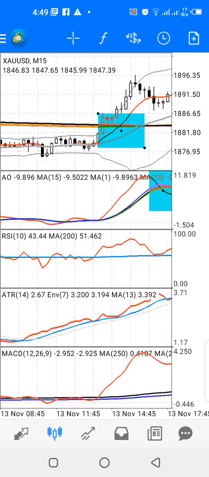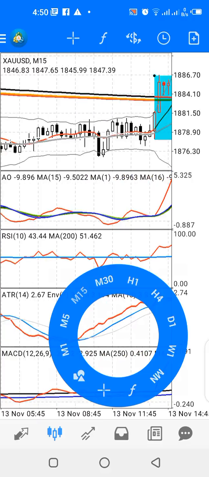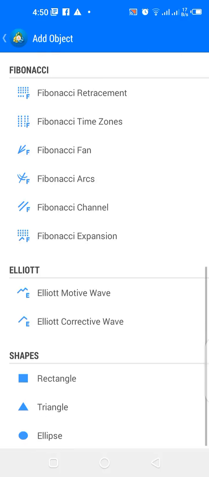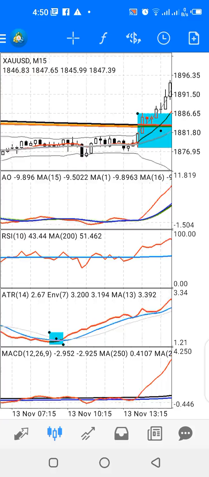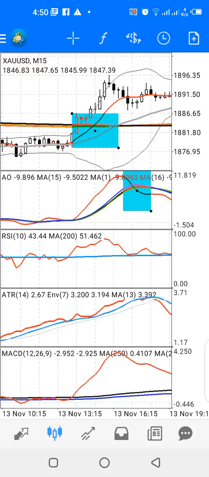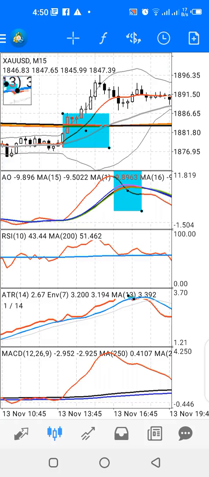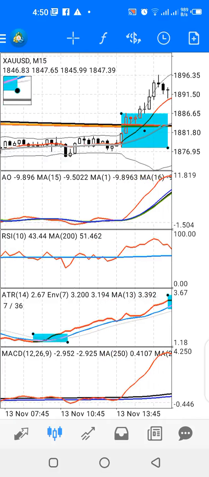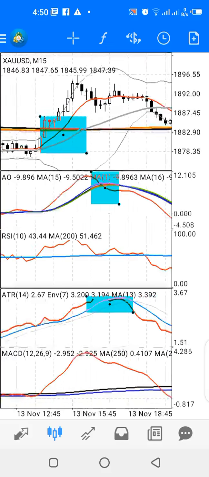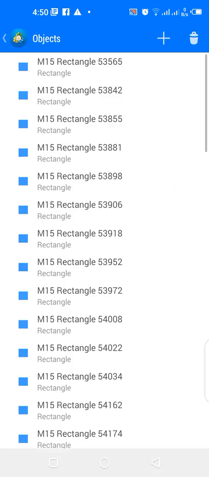Okay, when you have the red line crossing above the blue line like you have around here, and you trace it to when there is a counter cross like where you have here, this is the initial cross, and this is the counter cross, and you also look at it to the next cross.